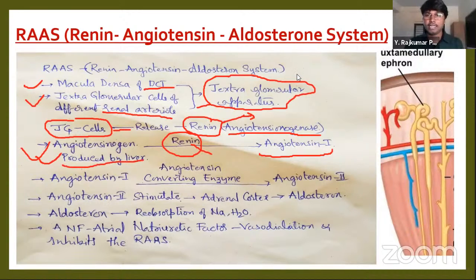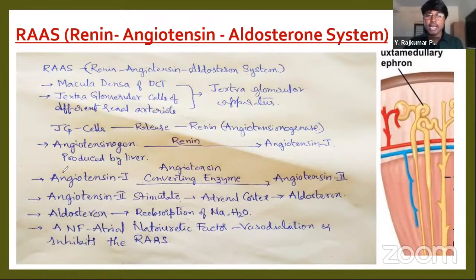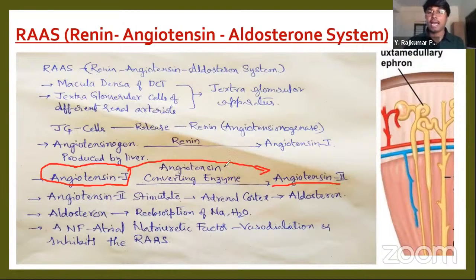Let's learn further. Angiotensin 1, produced by the action of renin, converts into angiotensin 2 by an enzyme called angiotensin converting enzyme.